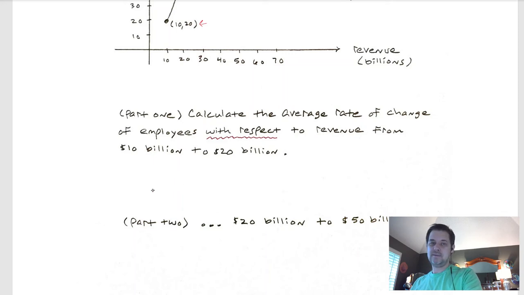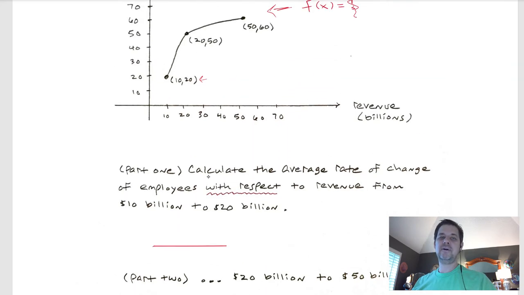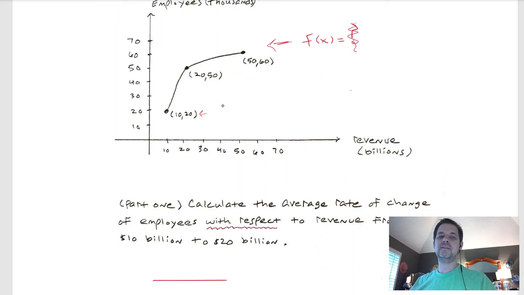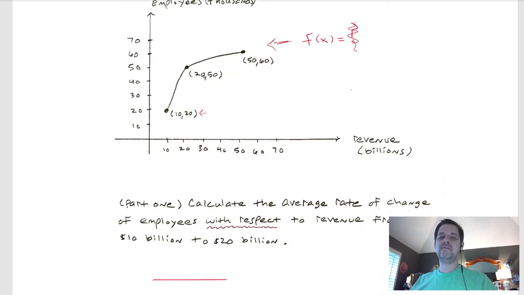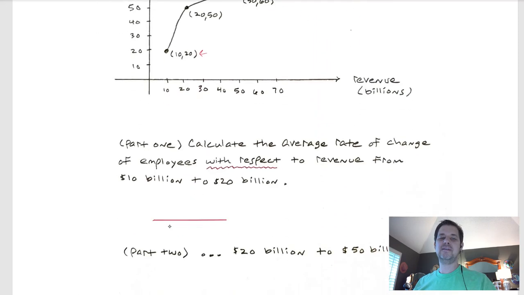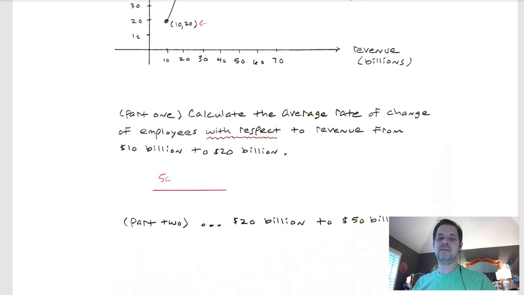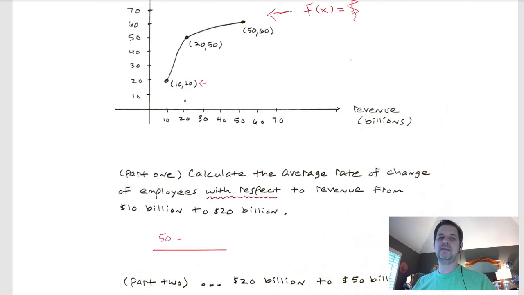I know it's a fraction. I know it takes division. The numerator is the y value for the larger number, so that'd be 50 minus 20. It's going to be this y value minus that one, over this x value, 20 minus 10.